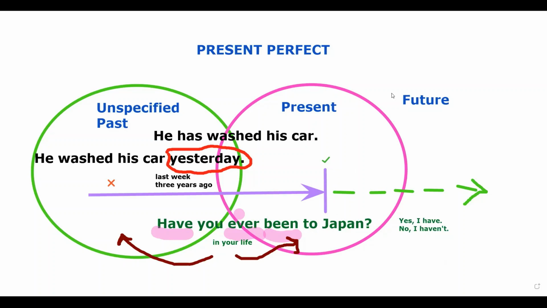Another example of this would be, let me remove these lines here, for instance, we have bought a new house.